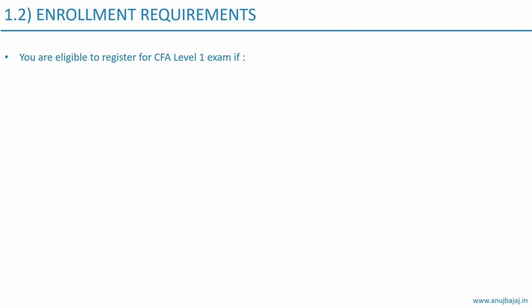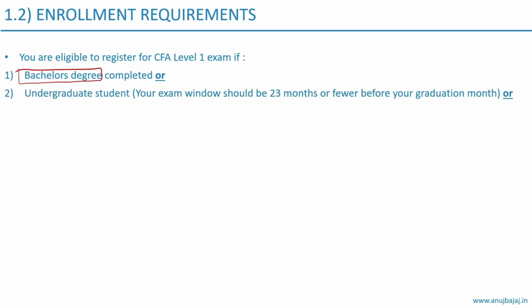Now let us look at the enrollment requirements. You are eligible to register for the CFA Level 1 exam if you have completed your bachelor's degree, or you can register for the CFA Level 1 exam if you are an undergraduate student, but you should ensure that your exam window is 23 months or fewer before your graduation month.